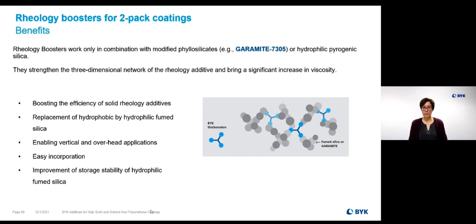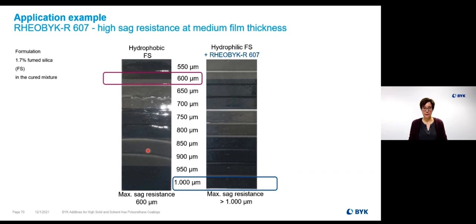Coming now to some application results. Here we have 2 applications. We have here a hydrophobic fumed silica, 1.7% in the system, and without TIX booster, we achieve 600 microns.